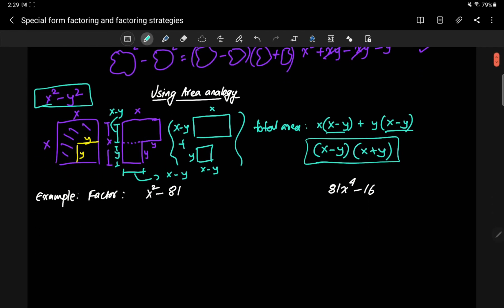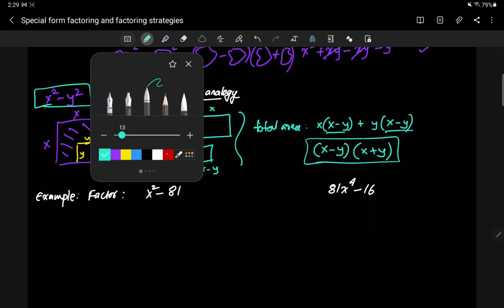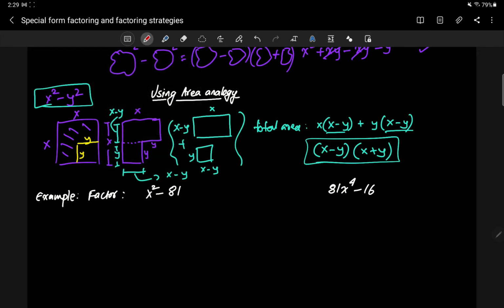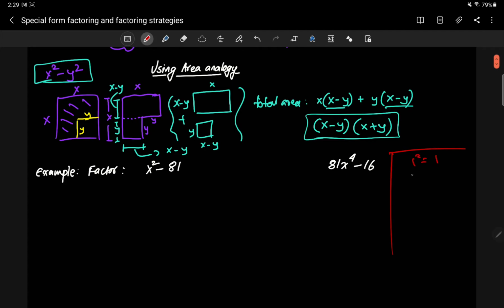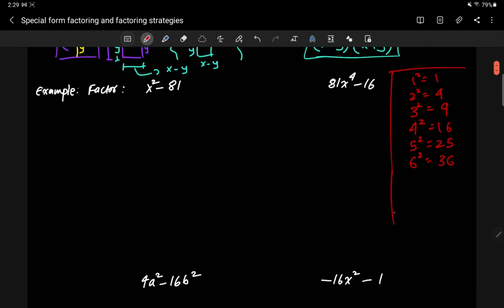So let's look at some examples. In this one, it will help you to know the squares of some of the first few numbers. 1 squared is 1, 2 squared is 4, 3 squared is 9, 4 squared is 16, 5 squared is 25, 6 squared is 36, 7 squared is 49, 8 squared is 64, 9 squared is 81, and 10 squared is 100.